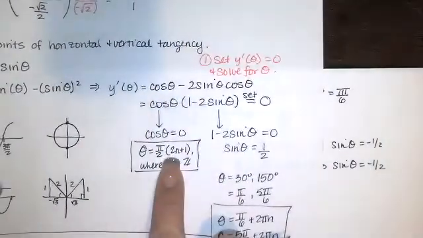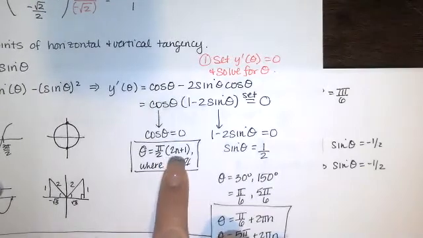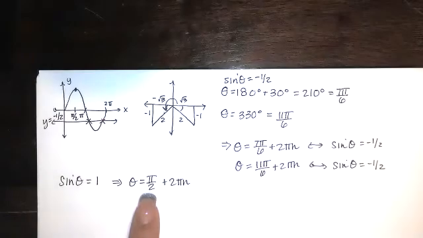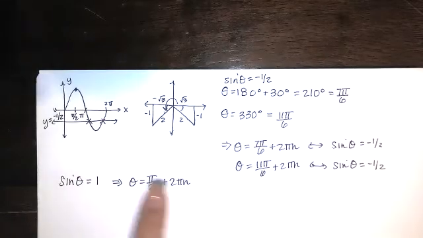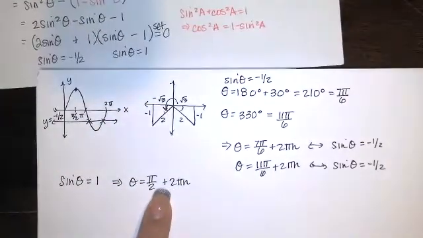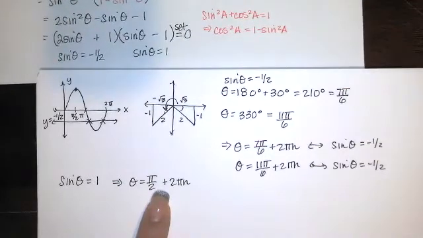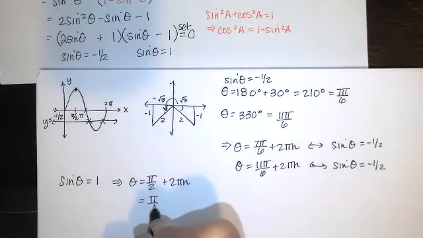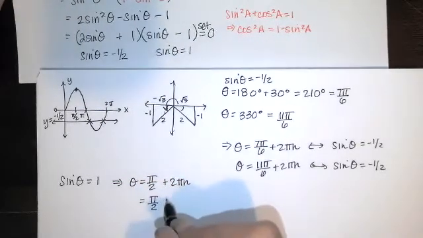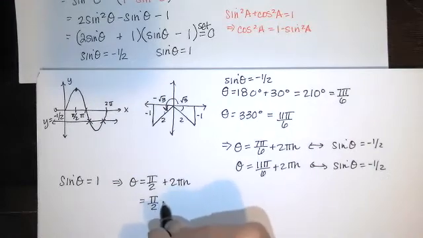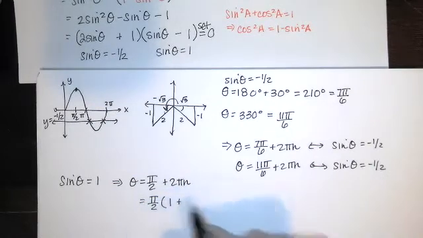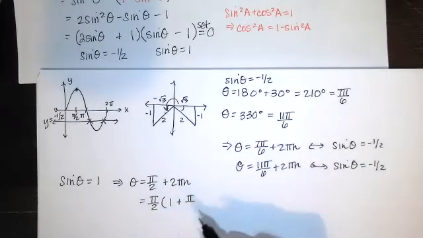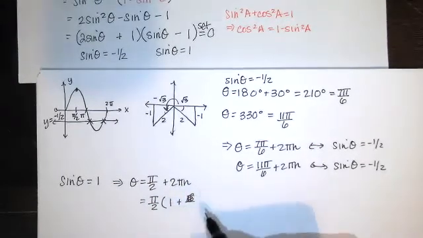And I think I will also have something like that here. These are odd multiples of pi over 2. I think for all of these, we're going to end up with an odd multiple of pi over 2. Let's factor out a pi over 2.